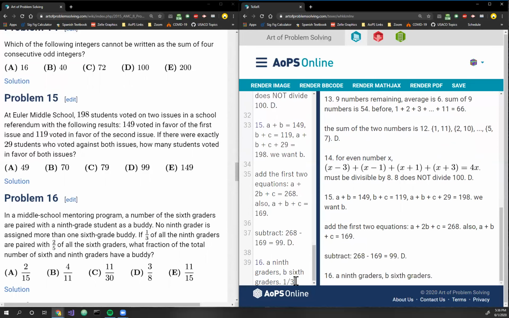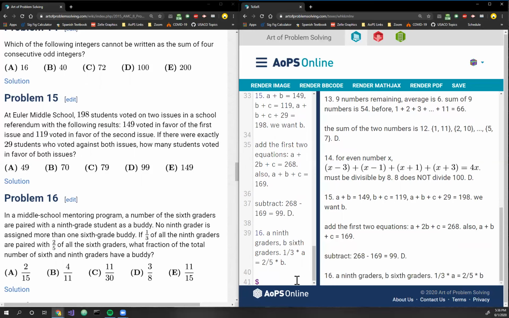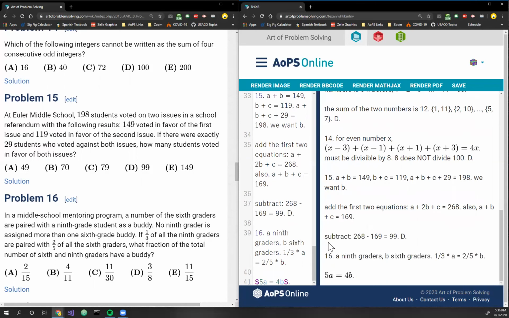Then 1/3 times A is equal to 2/5 times B. Multiplying by 15, we get 5A equals 4B. So we have a relation between the number of ninth graders and the number of sixth graders.